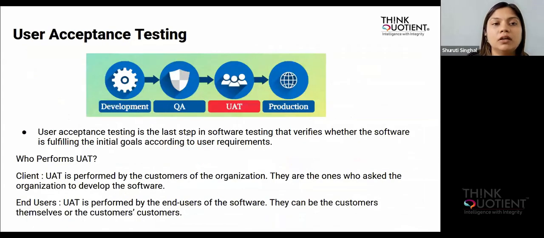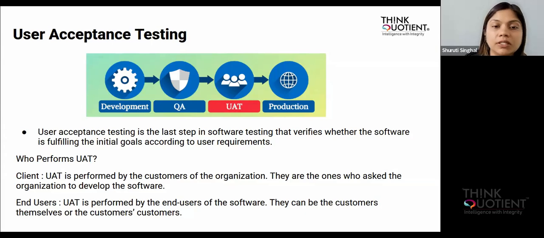Now, guys, we are starting with the last level of testing that we have taken into account, that is user acceptance testing. As I told you, the first level is unit testing, then integration testing, then system testing, and last one is user acceptance testing. And this is also a very, very important level of testing. We also say it as UAT testing.